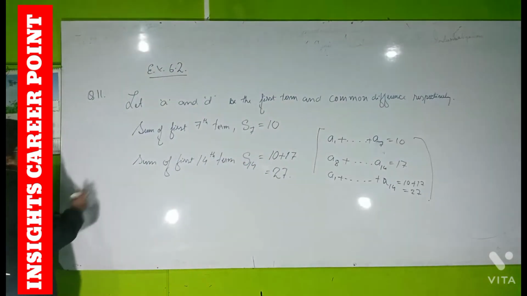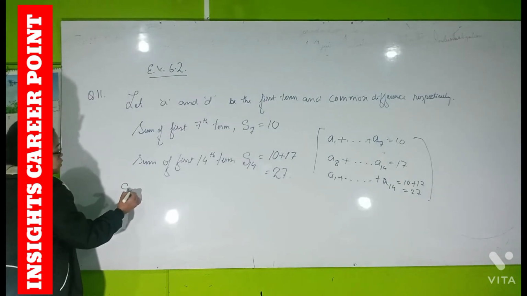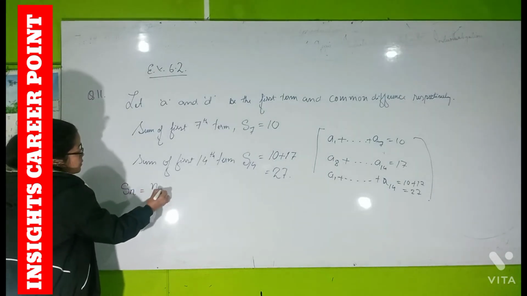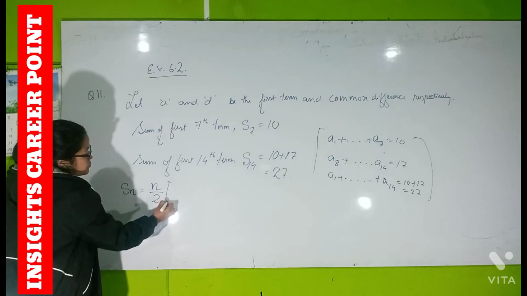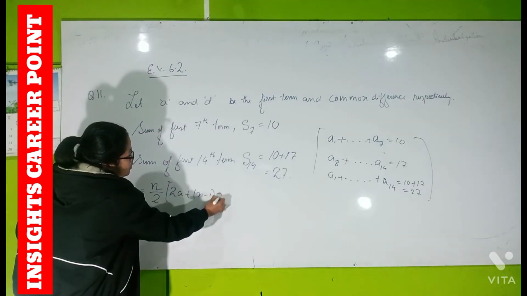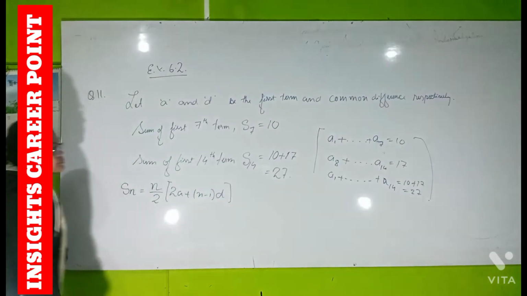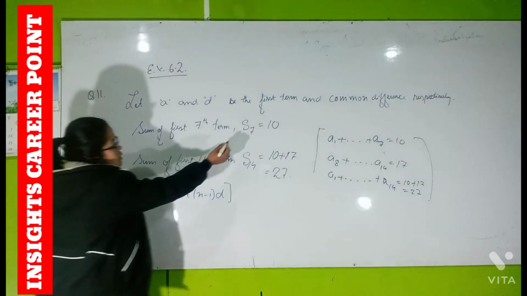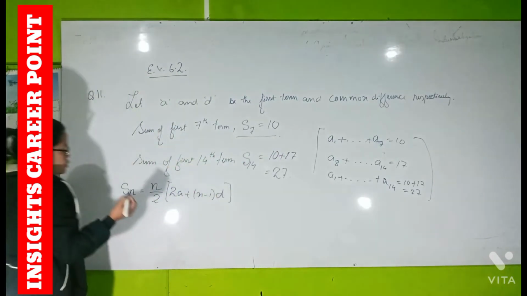We know that Sn equals n by 2 into twice A plus (n minus 1) into D. Here we are given S7 equal to 10.